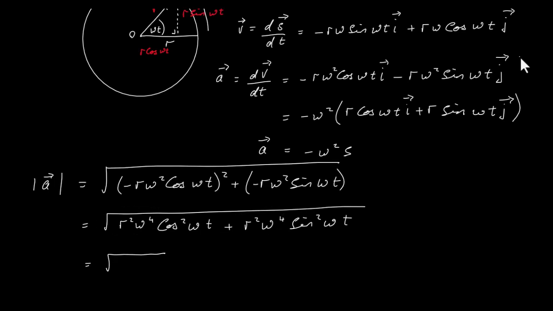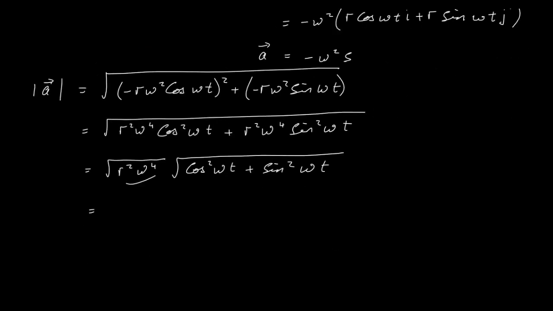So I'm going to put the r squared omega to the power of 4 here, and what I'm left with is cos squared omega t plus sine squared omega t. Now if we square root this part here, we'll get r omega squared, and we know from our trigonometry identities that cos squared plus sine squared is just going to give us 1.